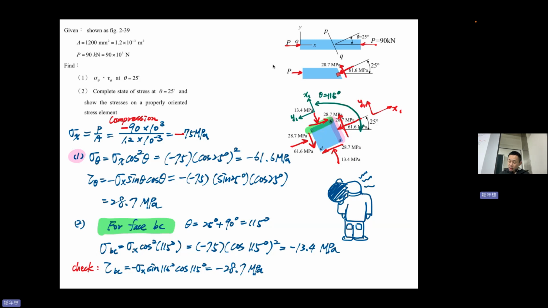And you notice that this is positive if you treat this one as the main focus, but if you treat this one as the main focus, this is minus 28.7. But they are in the same stress element. So you need to make sure the surface you are talking about is correct.